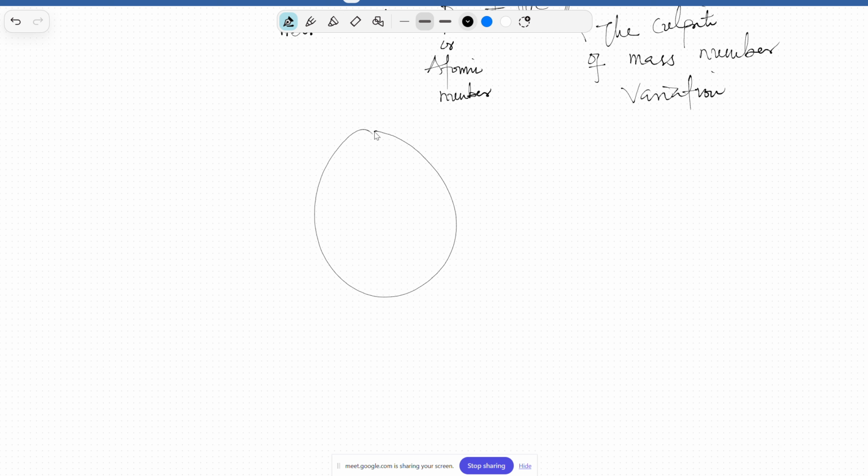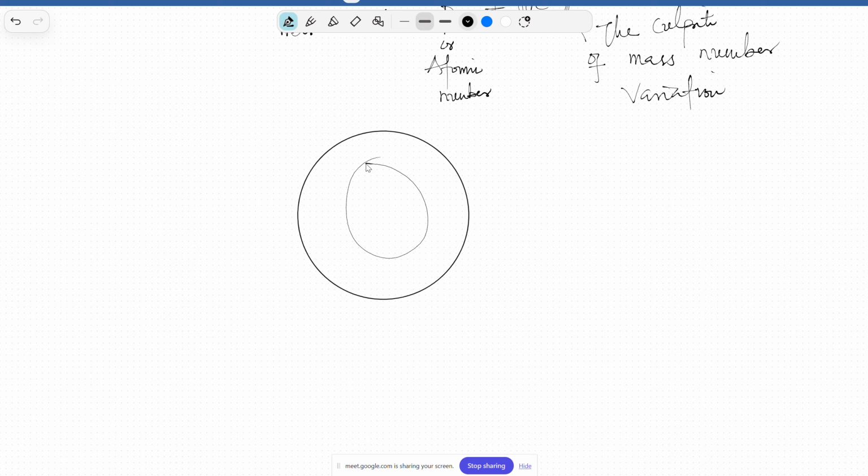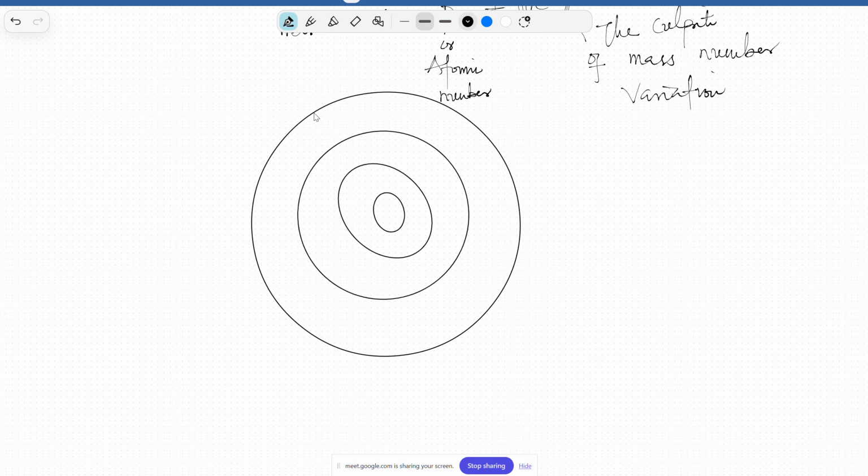We could have a diagram like this, for example. It's meant to be more circular, but let's manage it that way. Let's consider this to be an atomic structure.